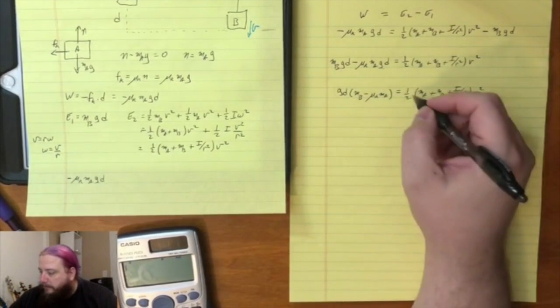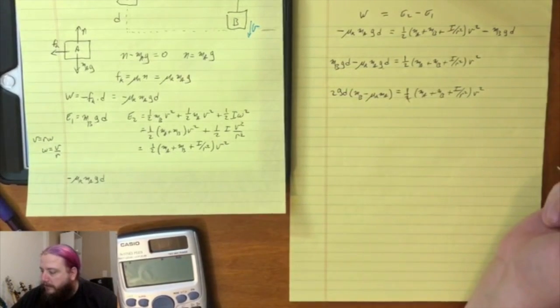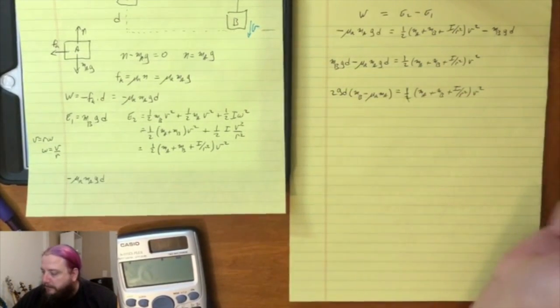Multiply the 2 over on both sides, so we can move that 2 over there, and then divide by this big inertia term.